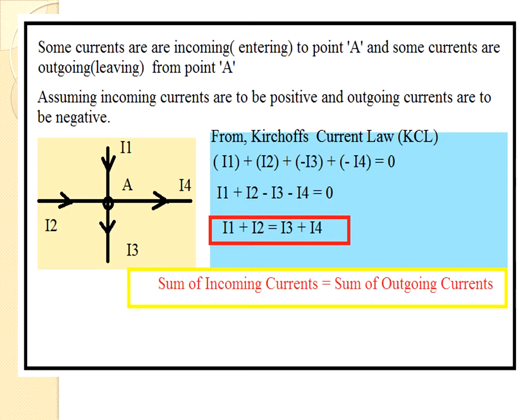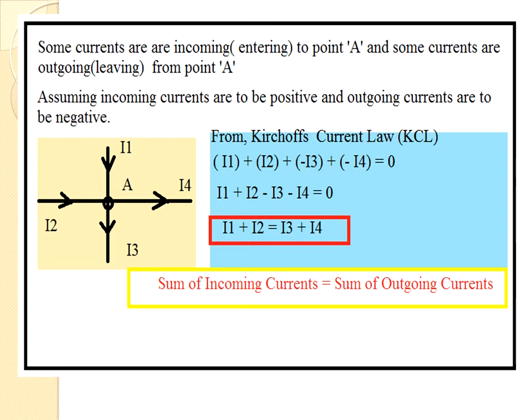Hence, we develop an expression with the help of KCL, that is I1 plus I2 minus I3, because current I3 is outgoing, minus I4, I4 is also outgoing. These two currents are negative, equal to 0. Therefore, you expand: I1 plus I2 minus I3 minus I4 equal to 0.